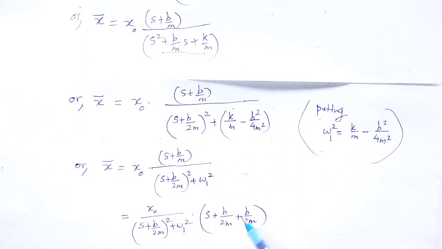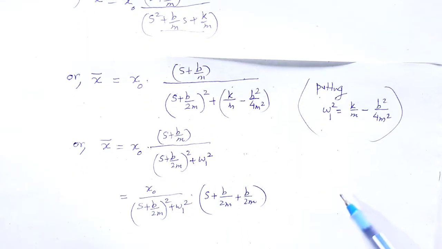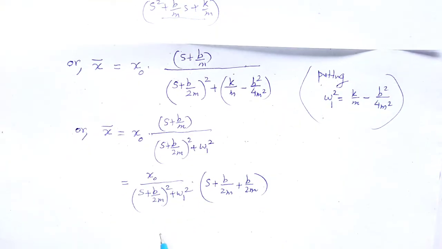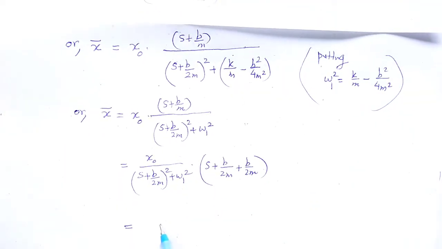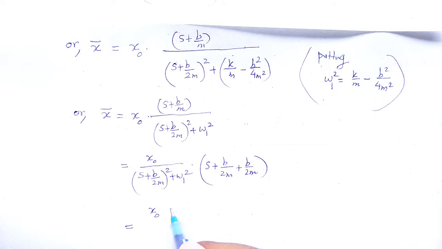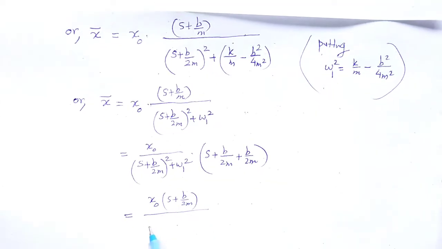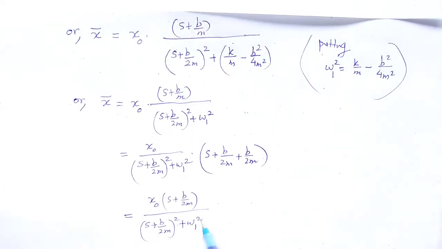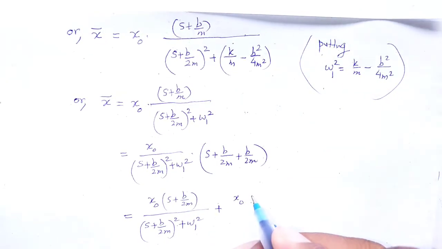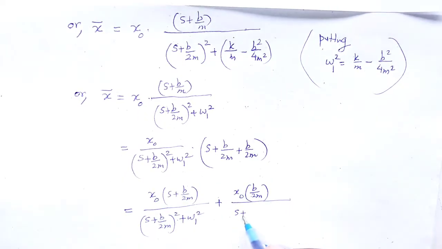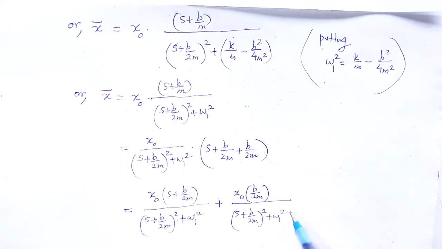In place of b by m we write b by 2m plus b by 2m. That x naught is multiplied to the terms, written as x naught (s plus b by 2m) divided by (s plus b by 2m) square plus omega 1 square, plus x naught b by 2m divided by (s plus b by 2m) square plus omega 1 square.